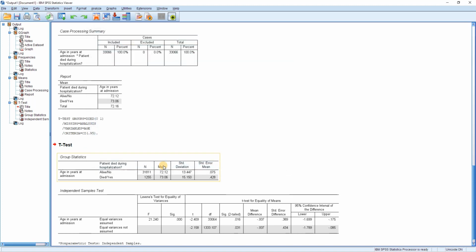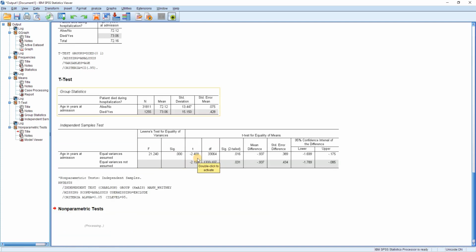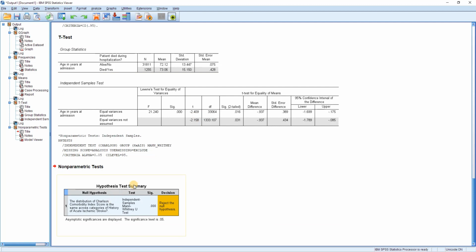We'll go ahead and click Run. This one usually takes a second or two to actually finish. And then we get our output here. The hypothesis testing summary gives us one null hypothesis, which is the H0 or the HA, whichever you so choose: the distribution of Charlson Comorbidity Index score is the same across categories of history of acute ischemic stroke.